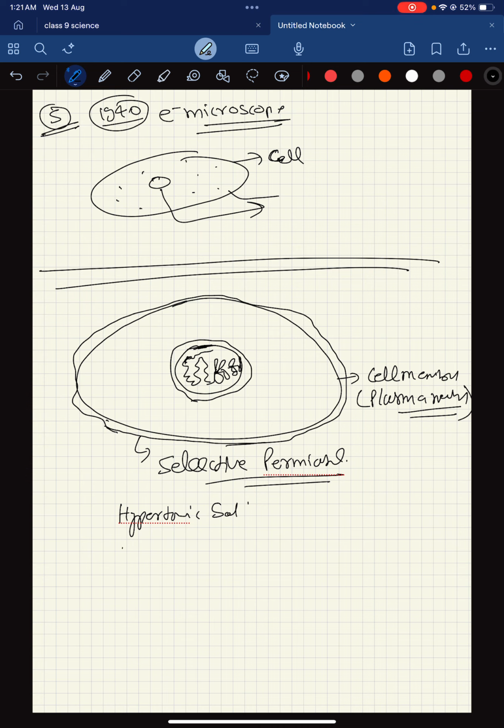Another is hypotonic solution. In this case, the water molecules are less outside the cell than in the cell. That's why the water molecules in the cell go outside the cell and the cell will shrink.